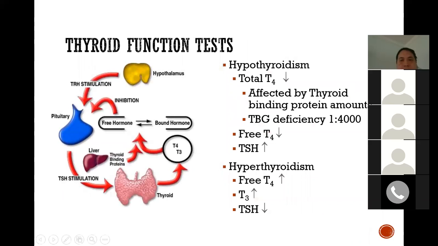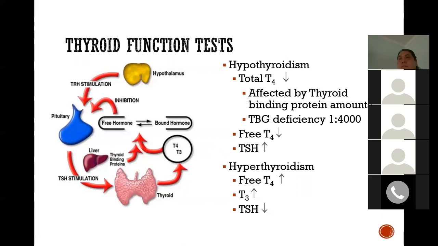Basically, with hypothyroidism, the telltale sign is typically a high TSH. Total T4 or free T4 could be low or sometimes normal. Total T4 as well as total T3 are affected by thyroid binding proteins, and you can have thyroid binding globulin deficiency in males, about 1 in 4,000.